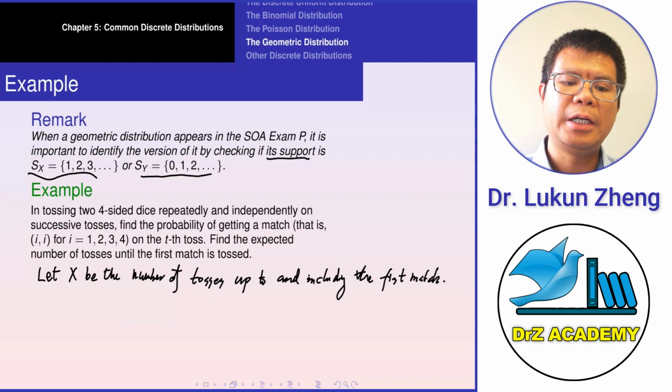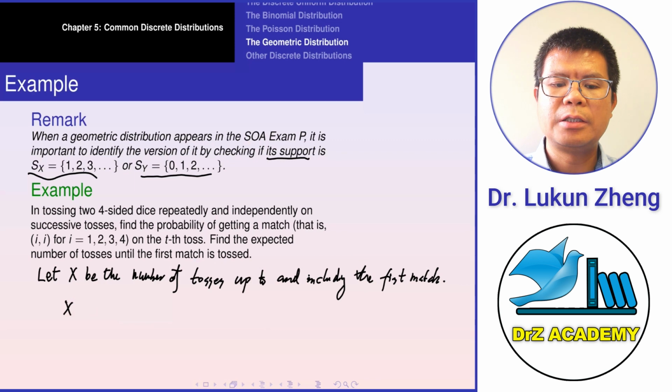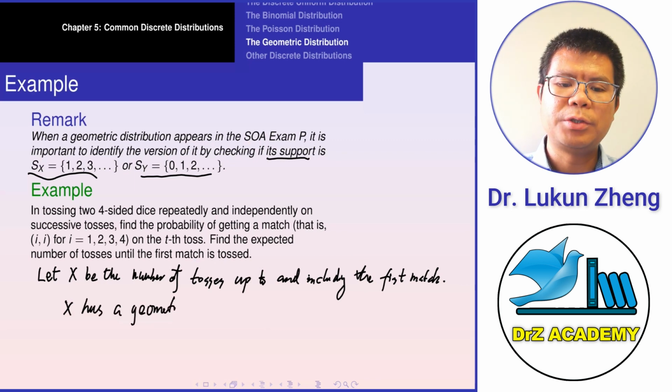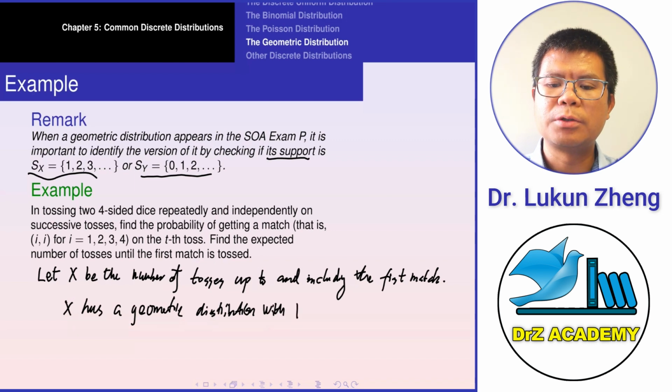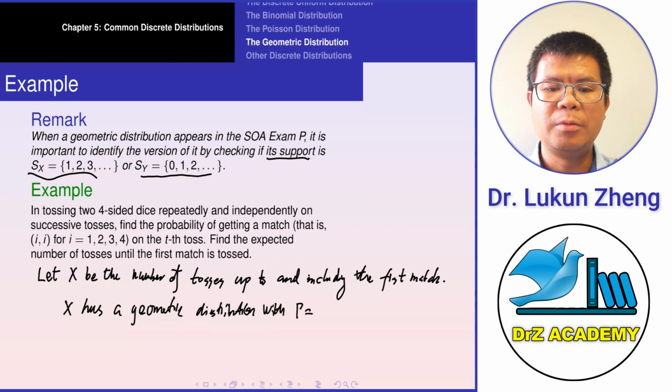Then X has a geometric distribution with p equal to what? What's the probability of getting a match?